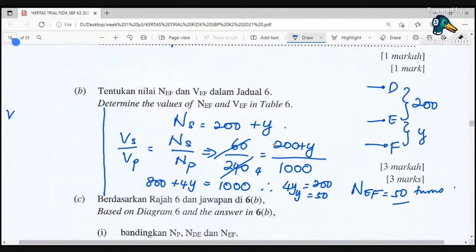So again, we apply Vs over Vp, we have VEF and NEF. Okay, sorry, there's a mistake here. Vp, Vp lah ya, sebab kita gunakan ini sebagai Vs.